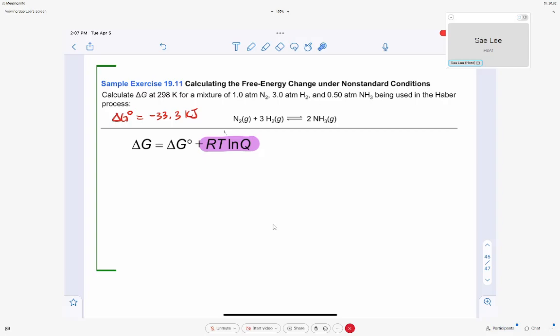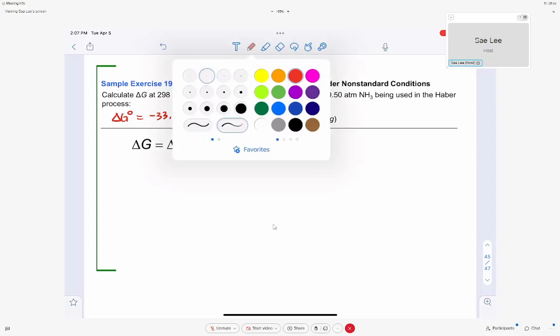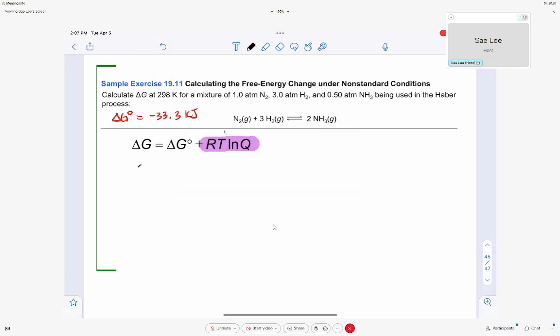Before we do anything, let's find the reaction quotient Q. The reaction quotient Q here is not just regular Q. You need to have a proper label. It's QP, the reaction quotient using partial pressure. If you forgot about the reaction quotient, please revisit chapter 15.